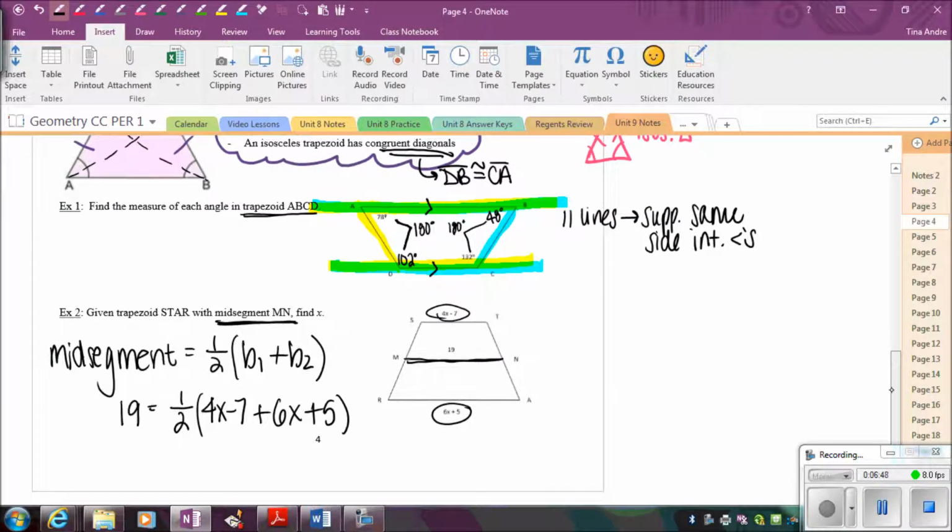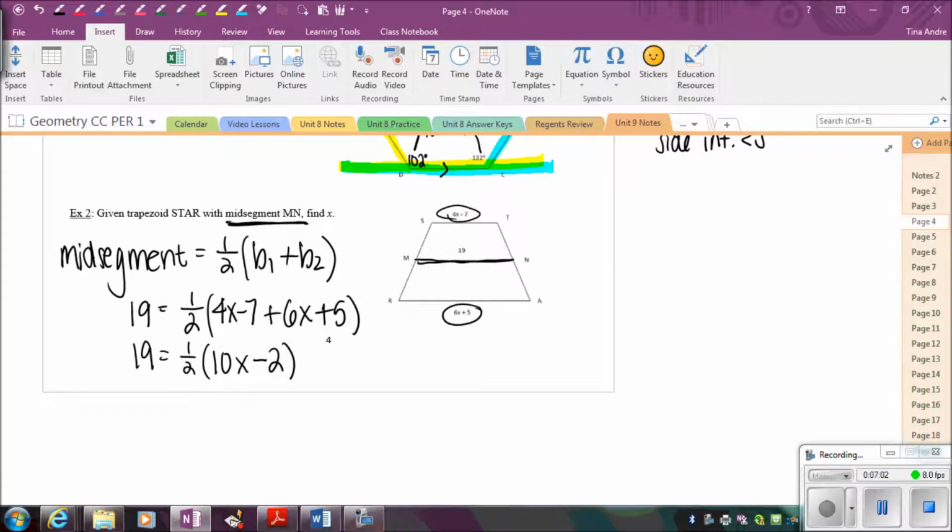Combine like terms here. So 19 equals 1/2, in parentheses, 10x minus 2. Then it's really up to you at this stage if you want to distribute that 1/2 through, or multiply both sides by 2 to clear out that fraction. Either way, just make sure that if you multiply by 2, you only do 2 times the 1/2.